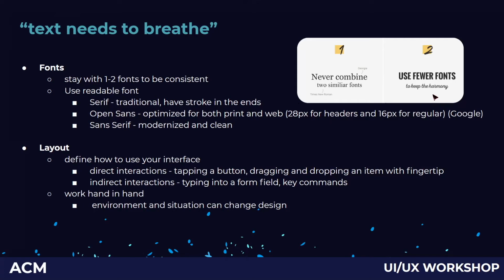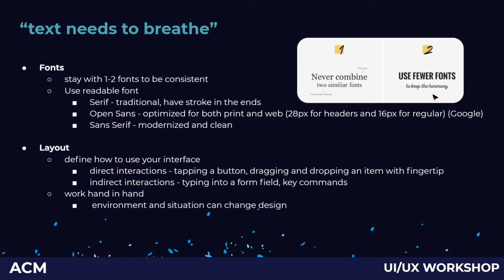Now let's talk about layout. Layout is how you define how the users use your interface. So like how you're gonna organize the contents you want to put in your project or your mobile application, any of your product. When you think about this, there are direct and indirect interactions.